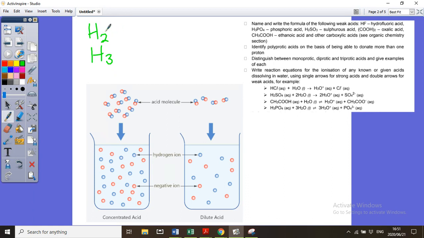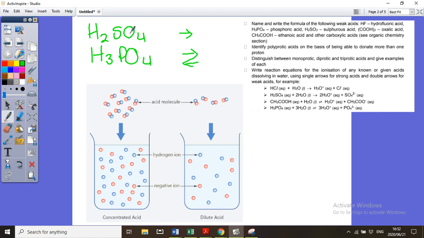You already have examples of these because you know H2SO4 will be a diprotic acid. We can use H3PO4 as a triprotic acid. Just remember that H2SO4 would be strong, so when it ionizes, you'll write a single arrow, and H3PO4 will be weak, and so you'll write a double arrow.